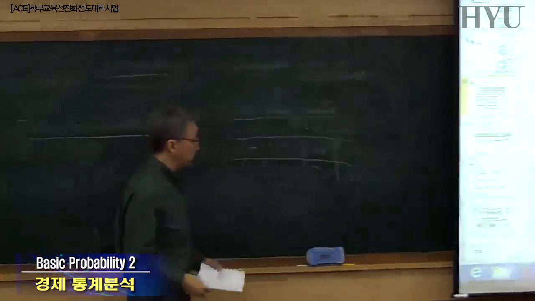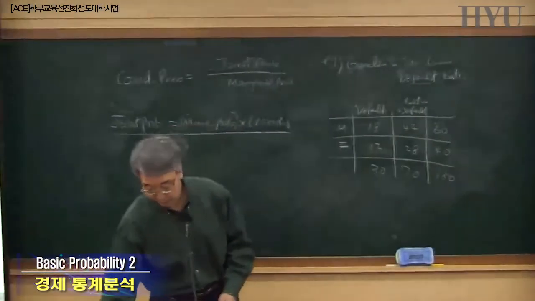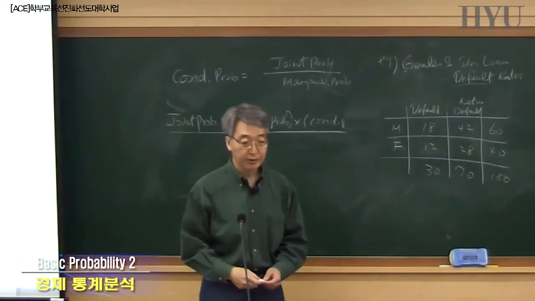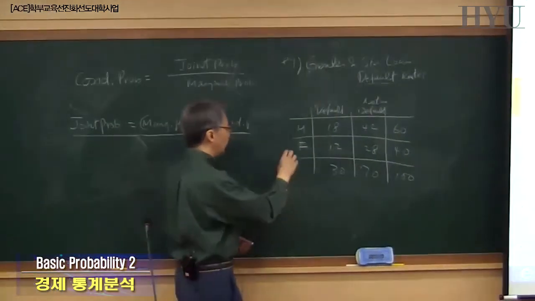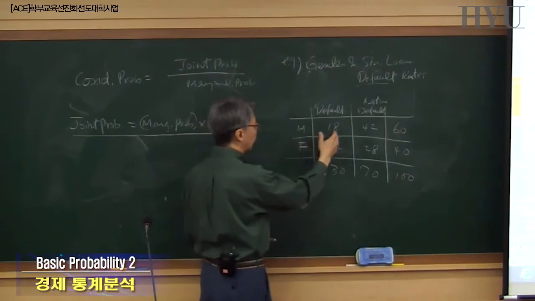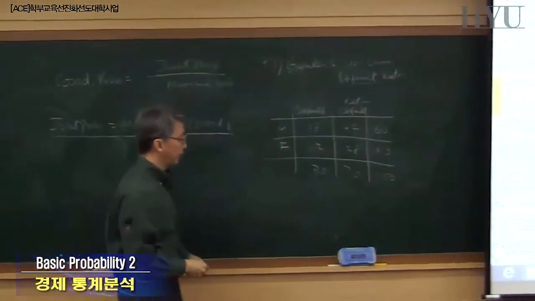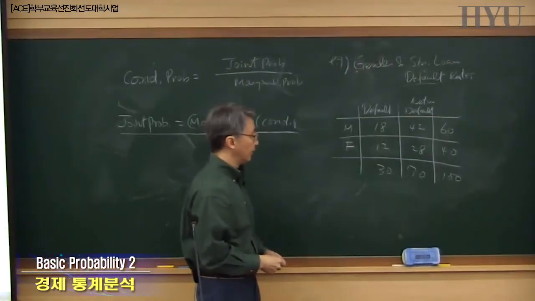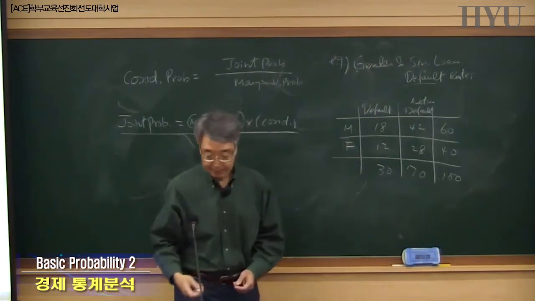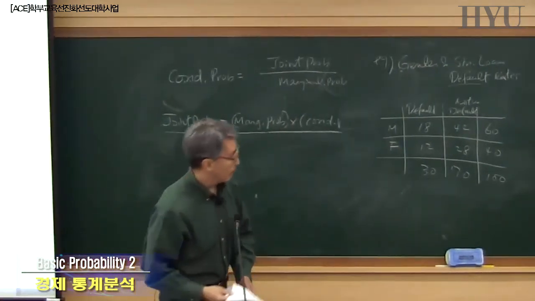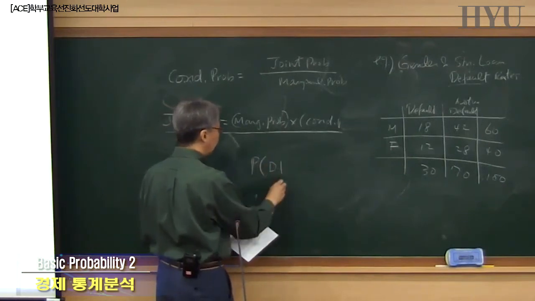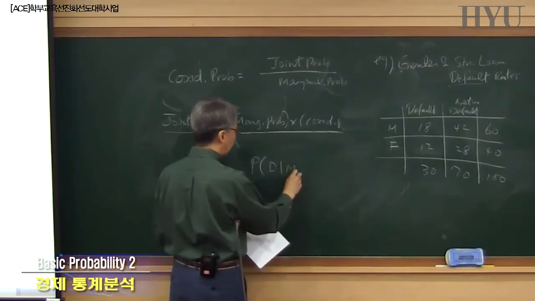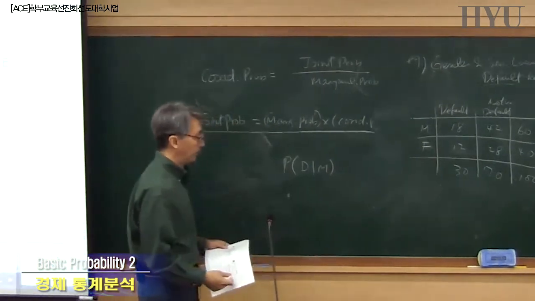So you collected the data from 100 college graduates, and categorized them between male and female and default or not in default. And we got this result. Then let's think about the probability of default given that the graduate was male.